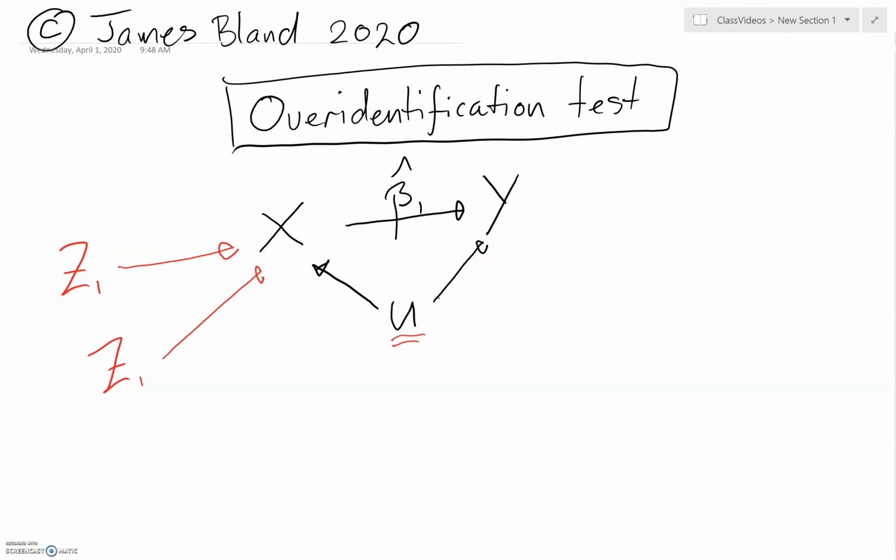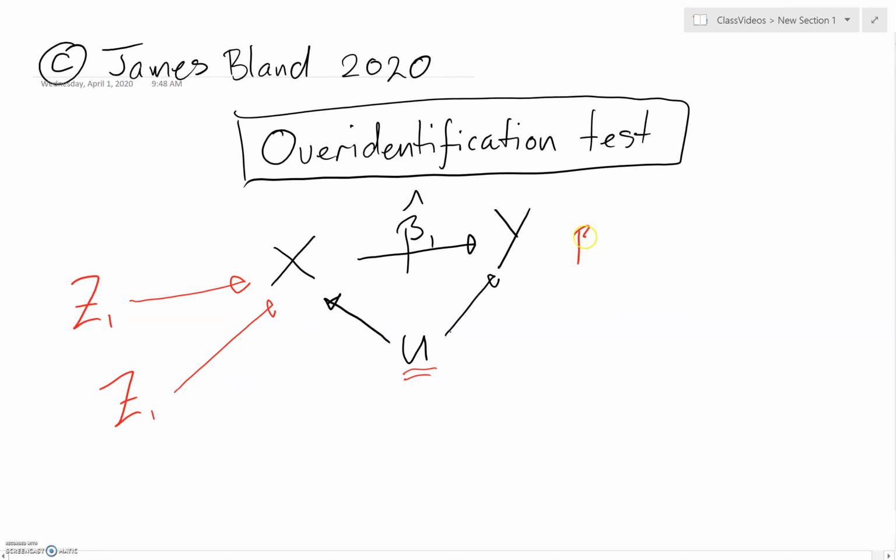Now, if you think about this, a result of this is that if both of the instruments are good, then beta 1 hat if we use Z1, and beta 1 hat if we use Z2, and also beta 1 hat if we use Z1 and Z2, should all return roughly the same number, right?